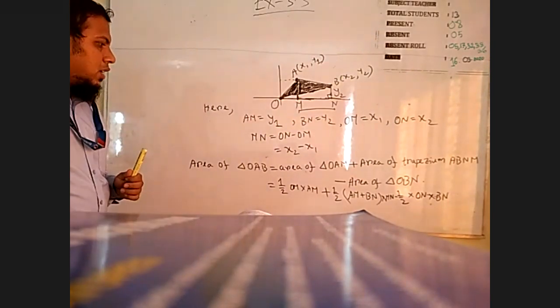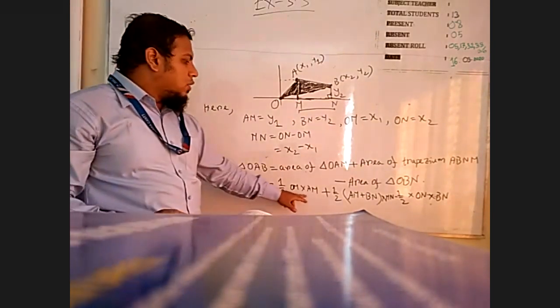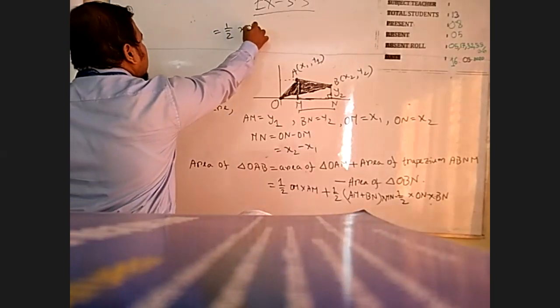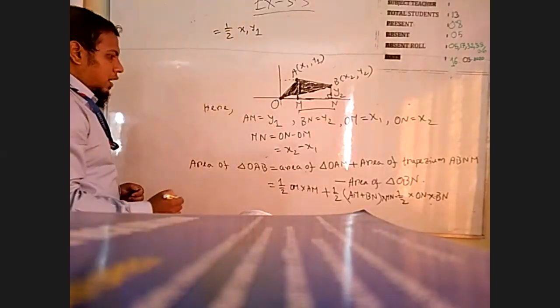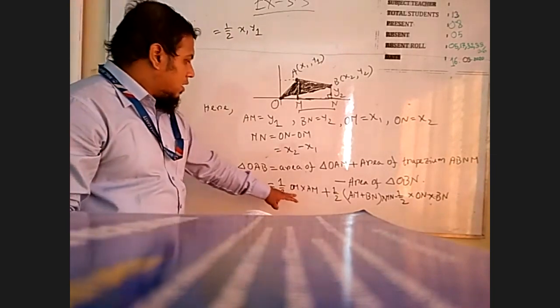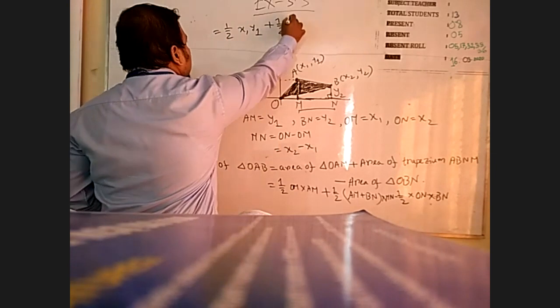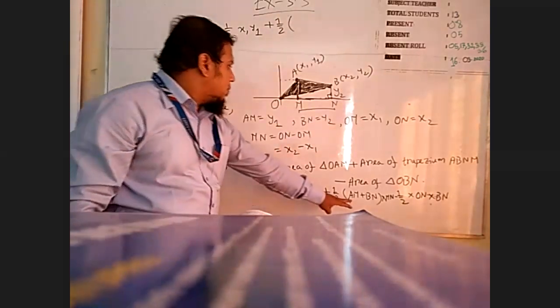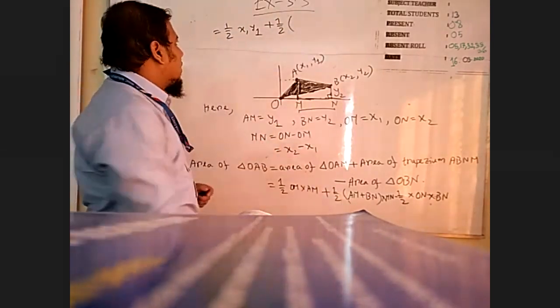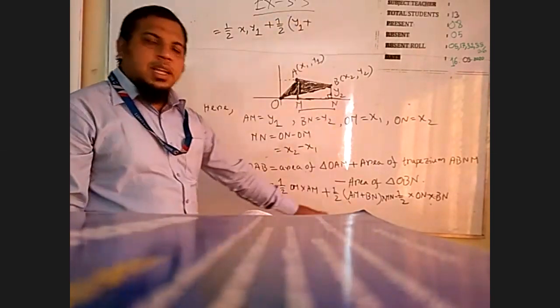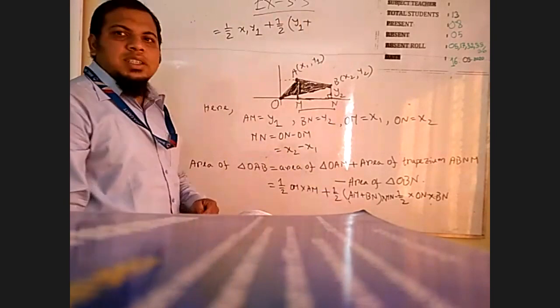So half into ON into AM, it will be half x1 y1, plus... what is AM? AM is y1. And what is BN?